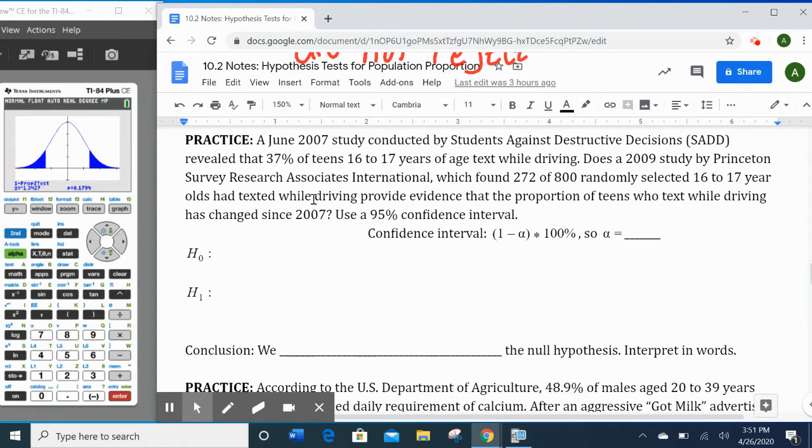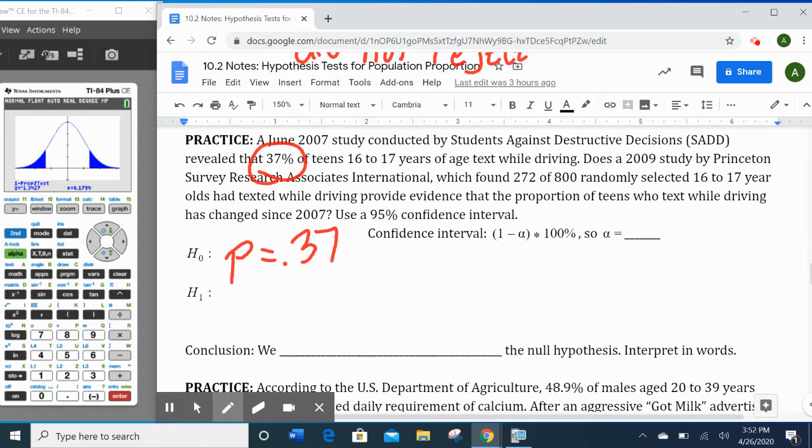So this practice problem here, pause the video, read the problem, see if you can come up with the null hypothesis and the alternative hypothesis. See if you can come up with alpha on your own, and we'll go through the problem whenever you unpause me. Okay, so what I look at from this problem, this original proportion is 0.37. So the null hypothesis is that P is equal to 0.37.